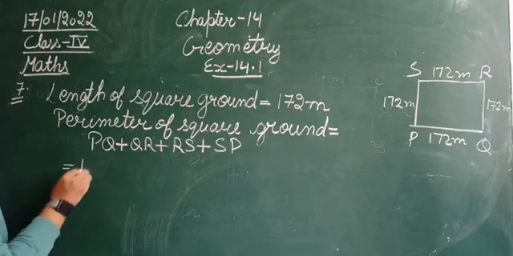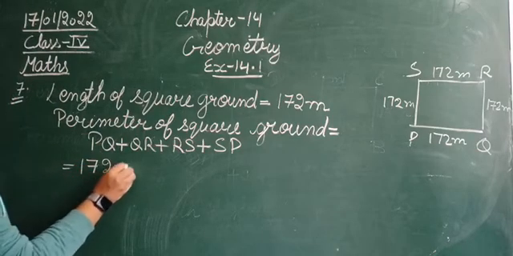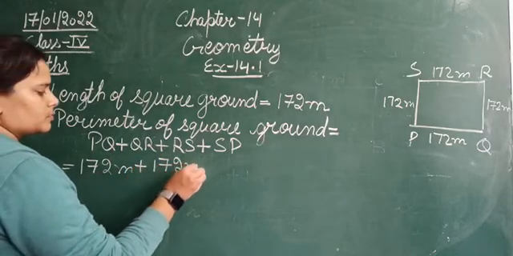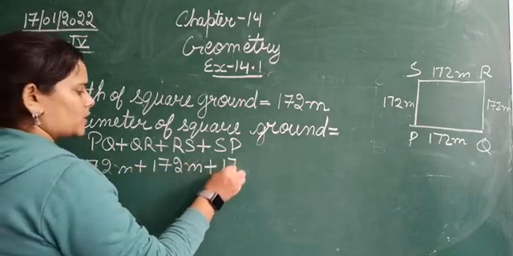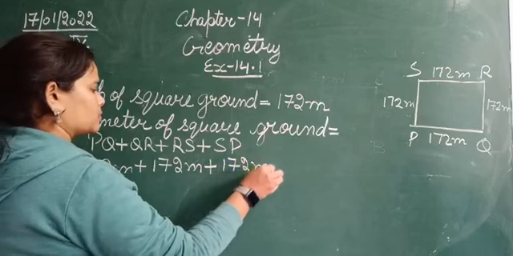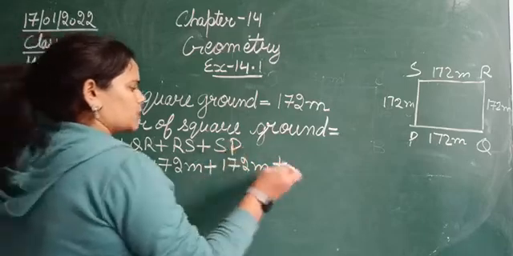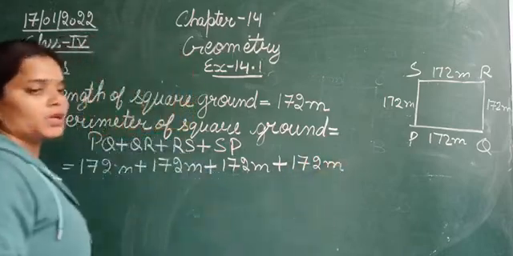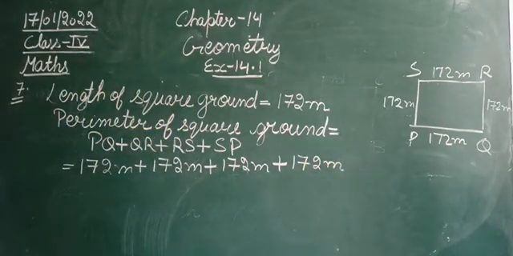So that is 172 meter. QR is also 172 meter plus RS is also 172 meter plus SP is also 172 meter.